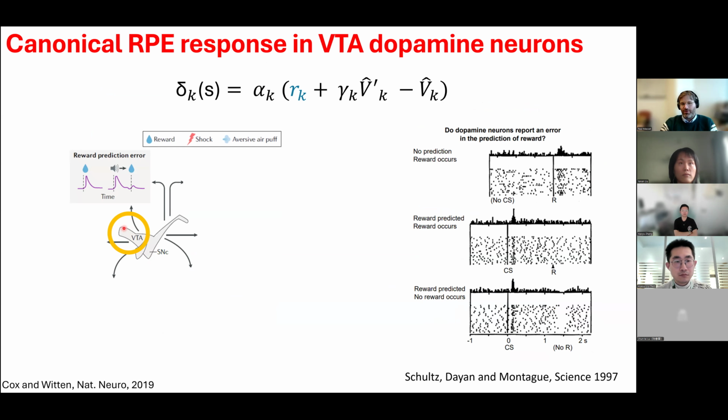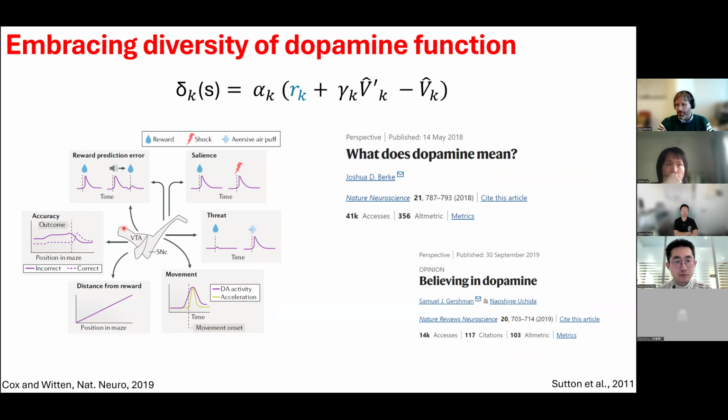But as people recorded from a broader set of dopamine neurons in more tasks, they observed different things. You have things that look more like salience prediction error, threat prediction error, so there's more variability.